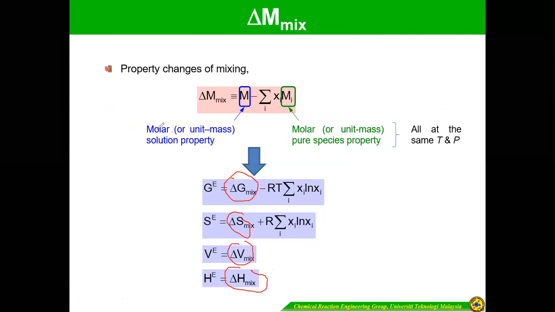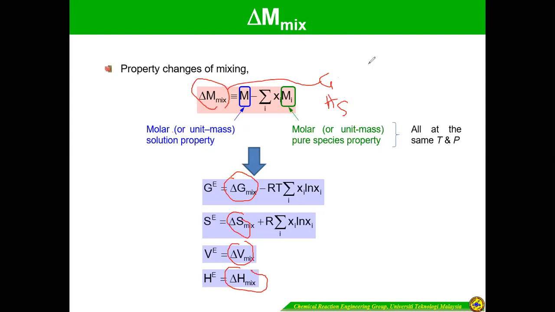Okay, so this one is defined as the molar solution properties for mixing, so delta M mix equals M minus sum of xi Mi. So this one can also be Gibbs energy, H, as well as entropy.